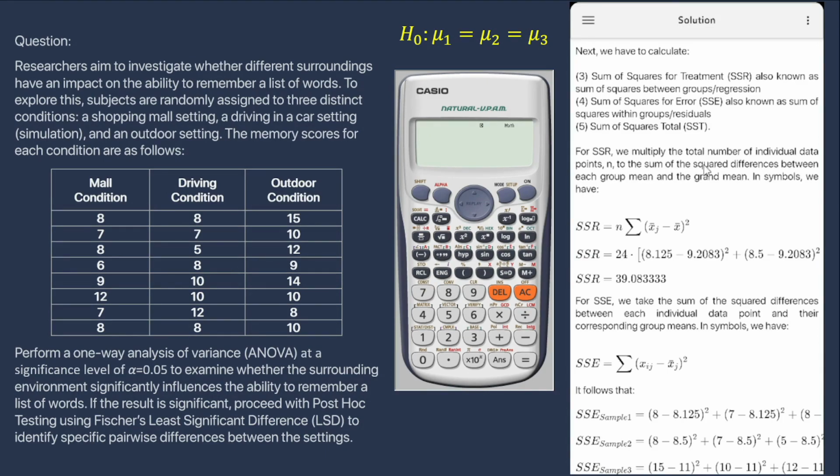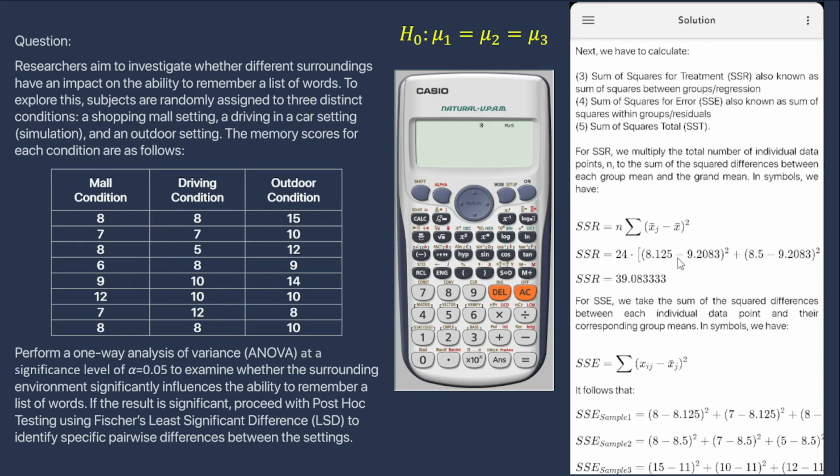Next, we have to calculate the sum of squares for treatment, sum of squares for error, and sum of squares total. For the SSR, we have the following formula. So we multiply the total number of individual data points n to the sum of the squared differences between each group mean and the grand mean.